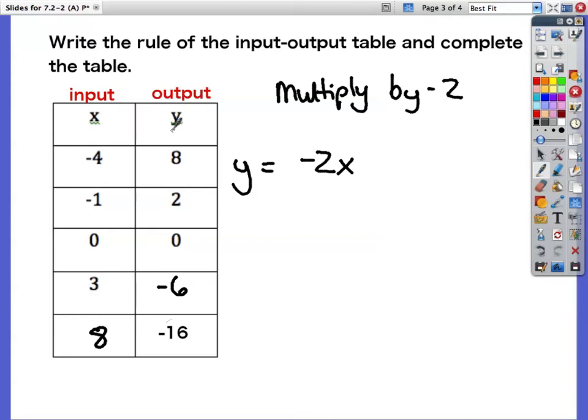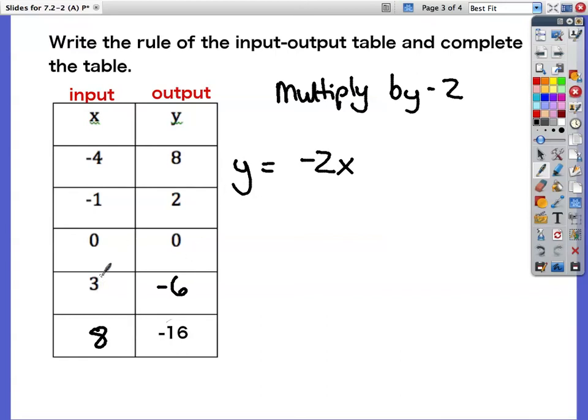Let me explain in a slightly different way. Whatever y is going to be depends on what x is. This is a dependent relationship. When and only when x is -4, y is 8. When and only when x is 3, y is -6.